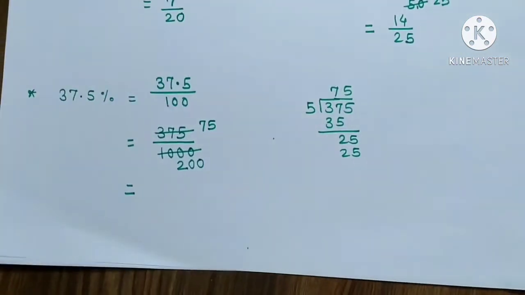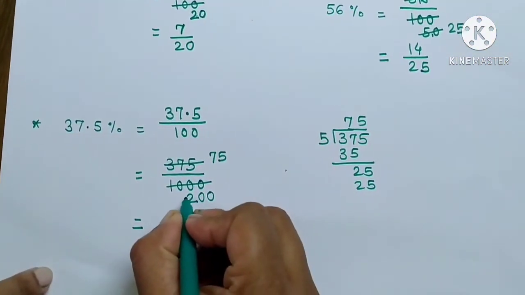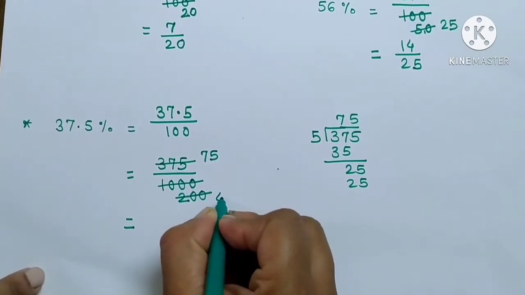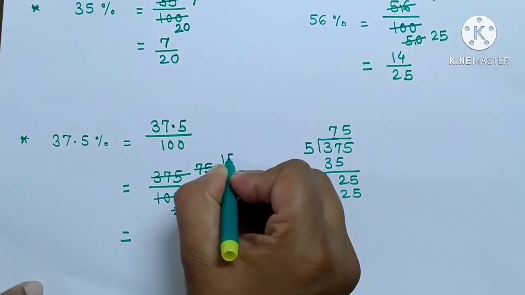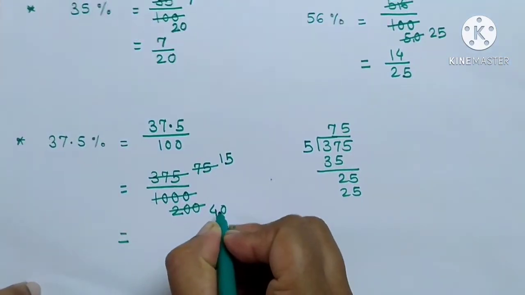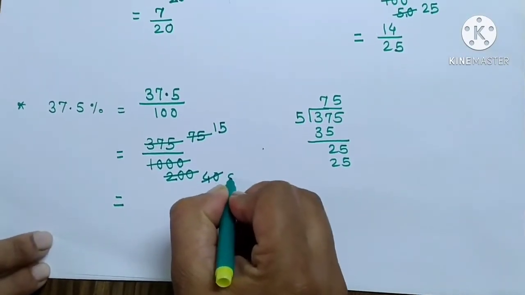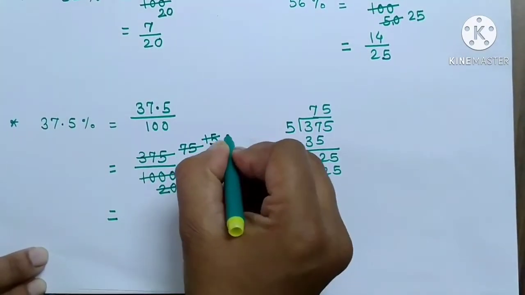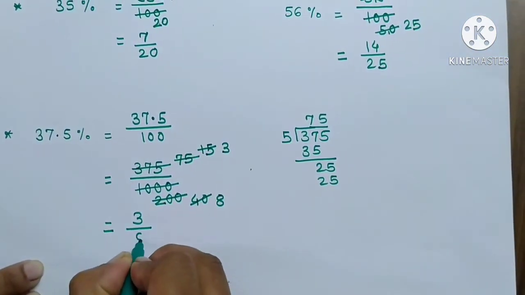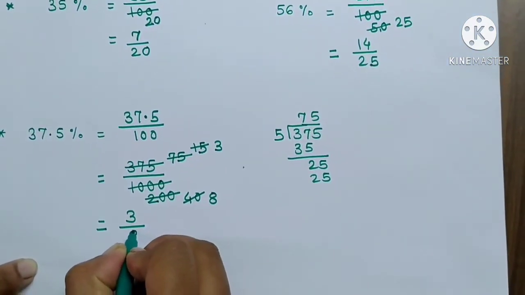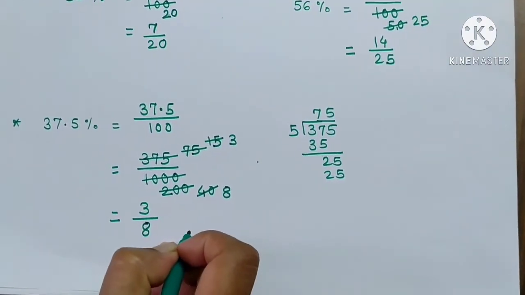Now I am going to reduce these 200 again by 5. 5 4s are 20. 5 15s are 75. Again I am going to reduce this by 5. 5 8s are 40. 5 3s are 15. So our answer is 3 upon 8, and this 3 upon 8 is in a fraction.